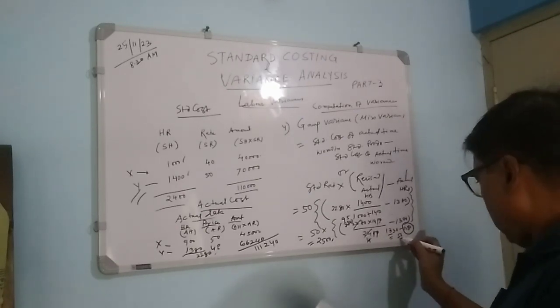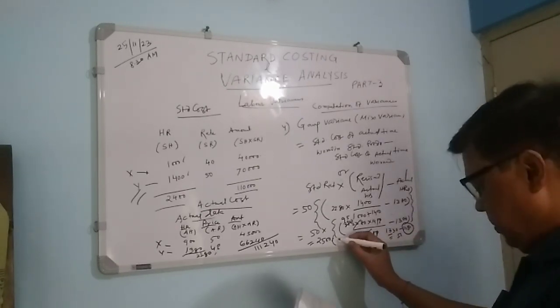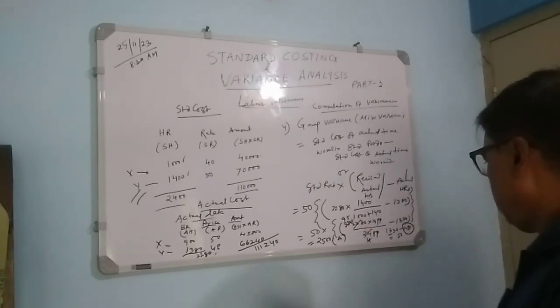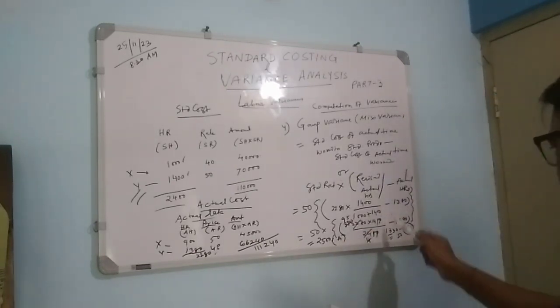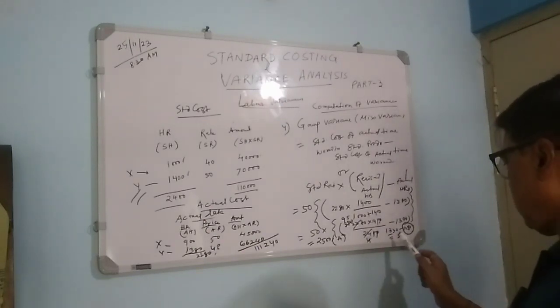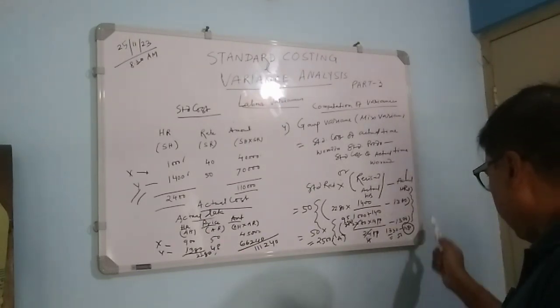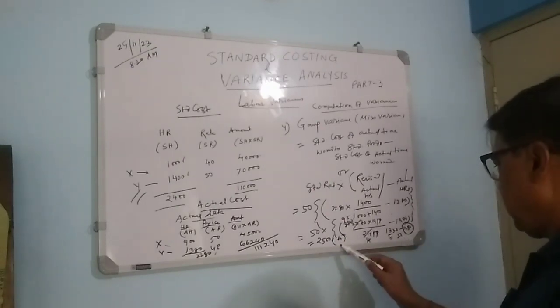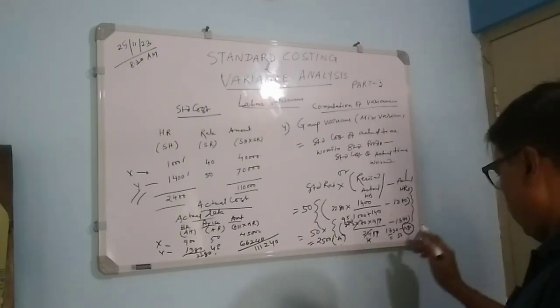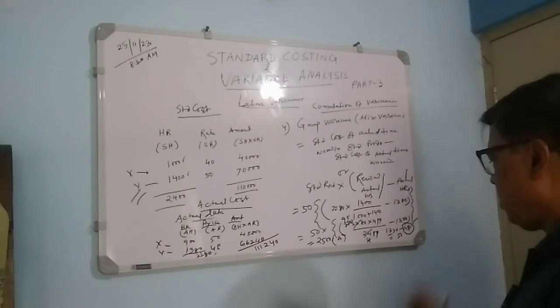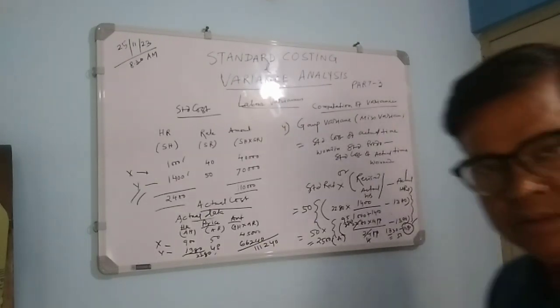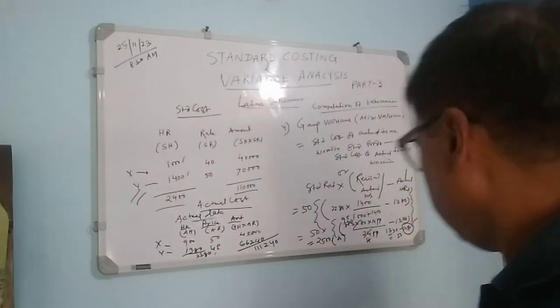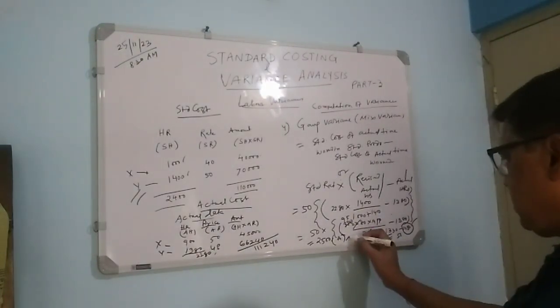So concept wise, this result will be adverse. If your revised actual hours is less than your actual hours, it will be adverse, because ultimately your actual hours is more than your revised actual hours. Revised actual hours is related to standard.